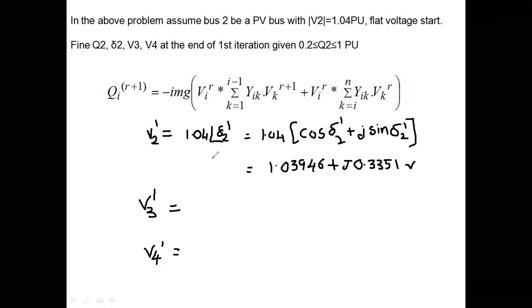Now with the same values, so with the same V2 and V1, obviously we can determine V3 dash and V4 dash also. So I will give you the answers for these two voltages also. Please make a note. So later you will solve these problems.